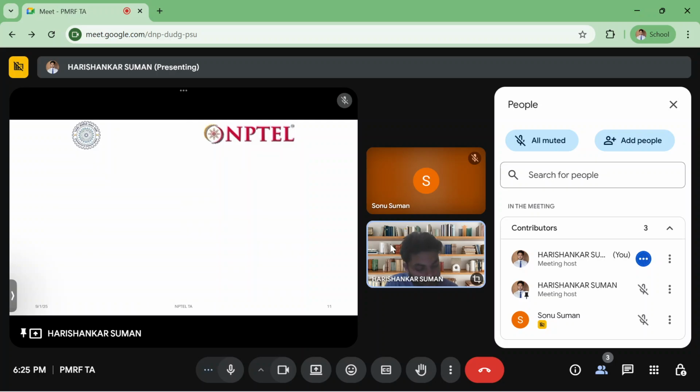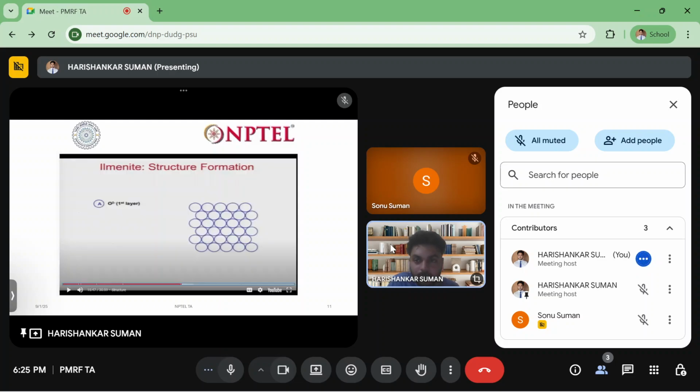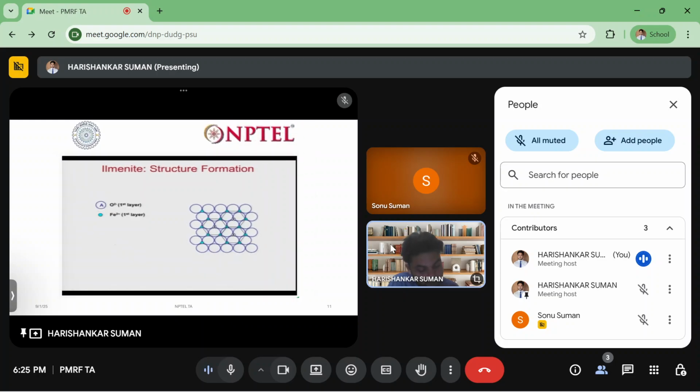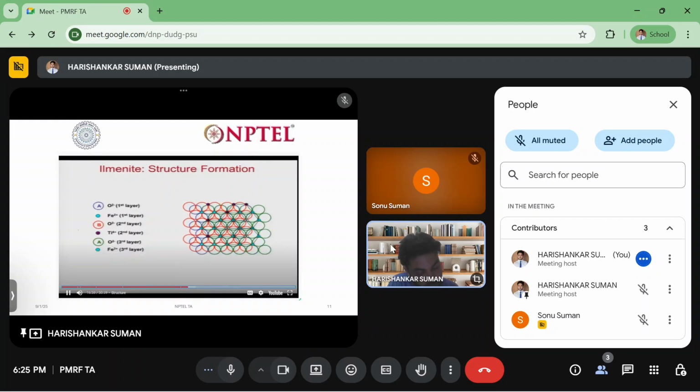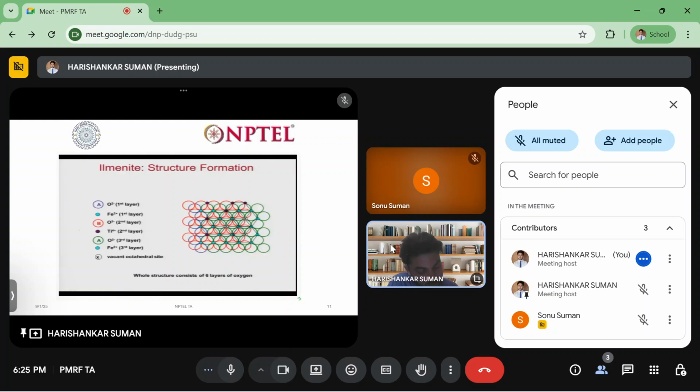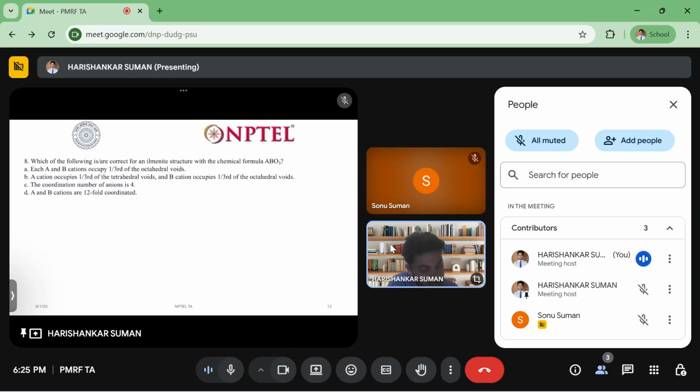The same for the ilmenite structure: oxygen, Fe2 positive, then oxygen again, Ti, O2 negative, Fe, and this is the vacant octahedral site.